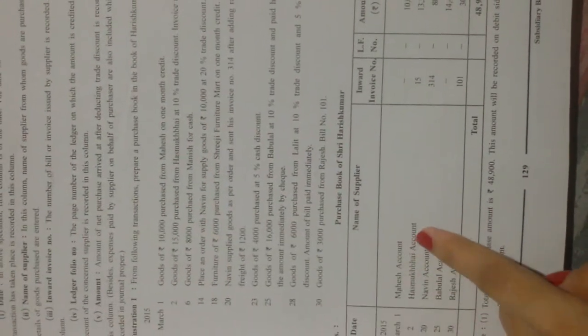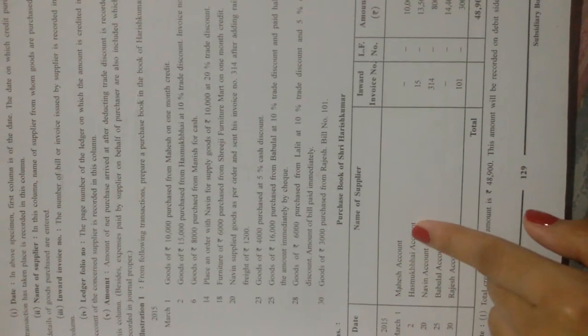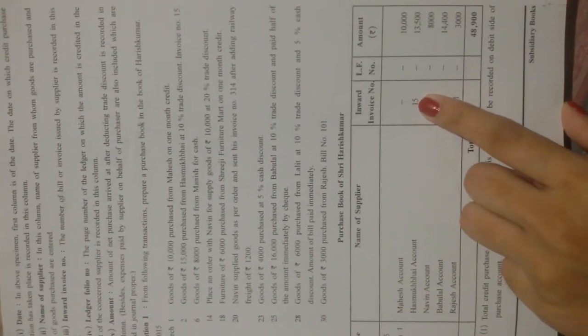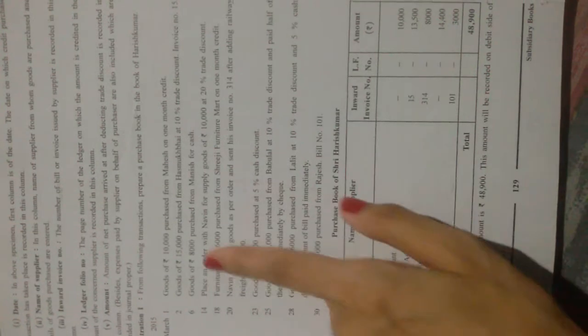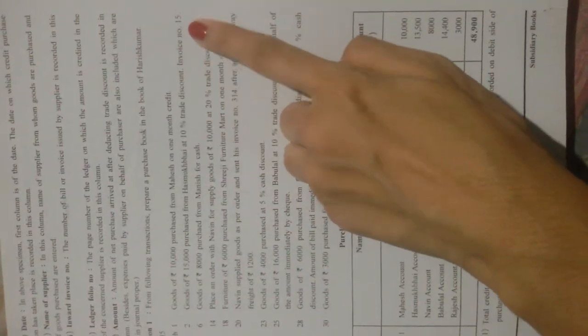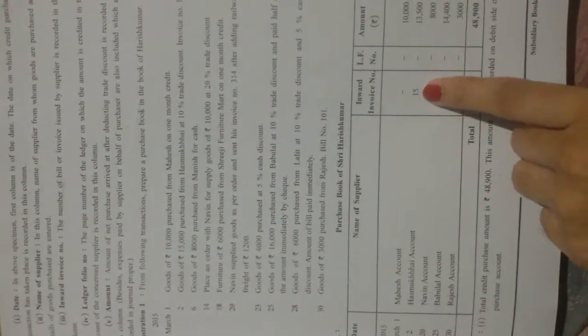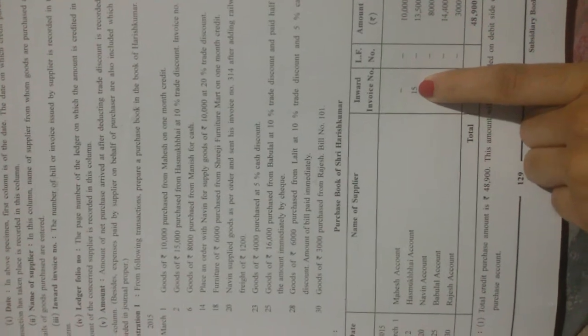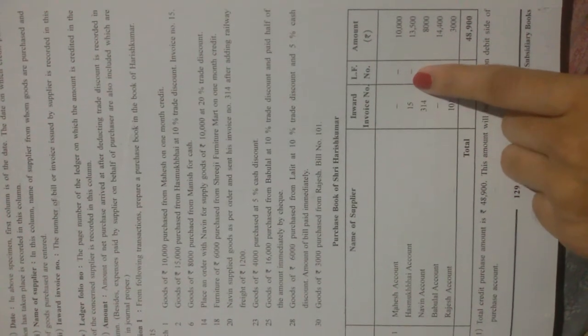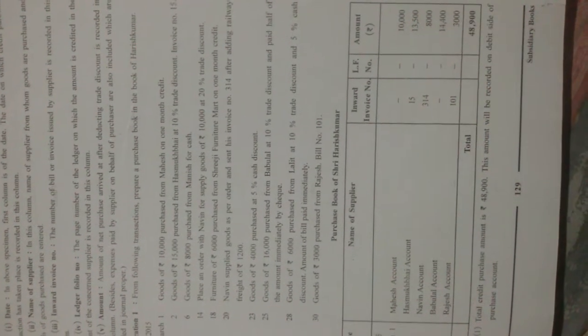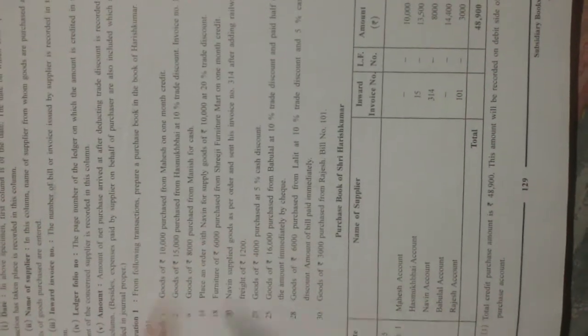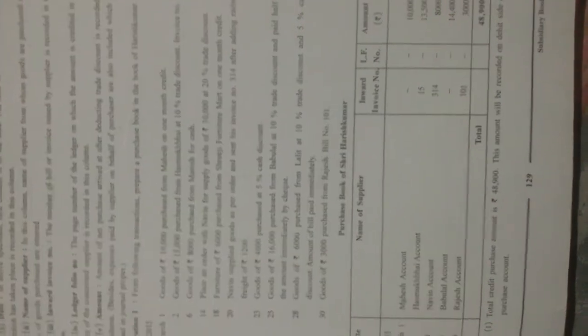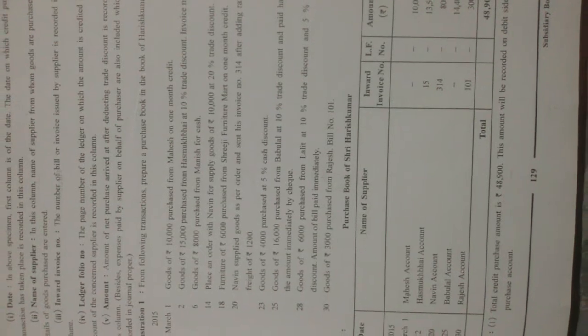So you have to write Hasmukh Bhai's account in the name of the supplier column, and the inward invoice number is also given in the transaction, that is 15. So you write 15 in the inward invoice number. The LF number would be a dash, and then the amount. Goods of rupees 15,000 were purchased, but with a 10% trade discount.